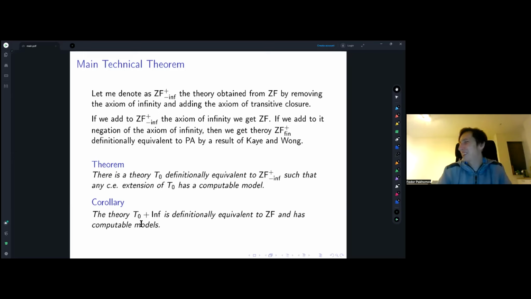It's actually a fact that we need to add transitive closure. I think it depends on how exactly you axiomatize Zermelo-Fraenkel set theory. If you axiomatize it by the axiom of regularity rather than the schema of membership induction on sets, then you need to add the axiom of transitive closure.